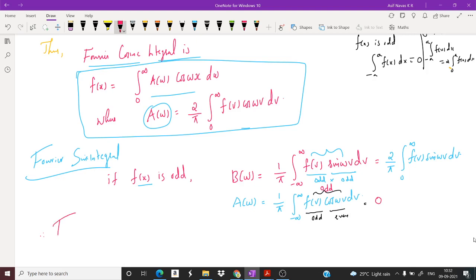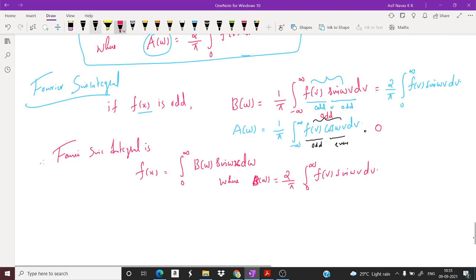Therefore, Fourier sine integral is f of x is equal to integral 0 to infinity b of omega sin omega x d omega, where b of omega is equal to 2 by pi integral 0 to infinity f of v sin omega v dv.